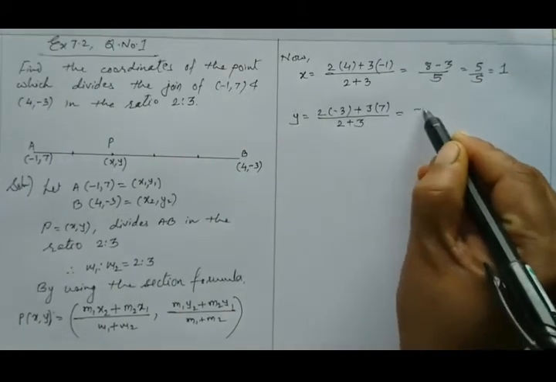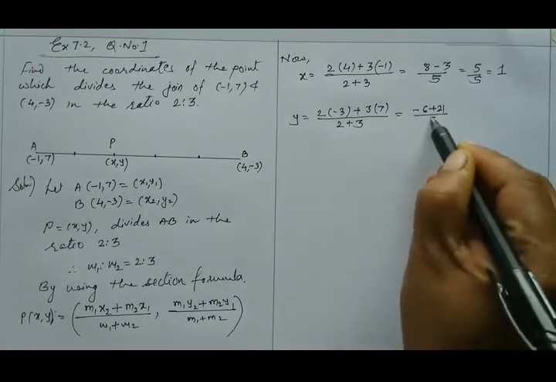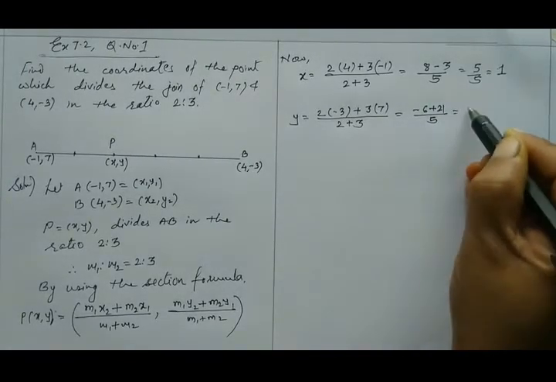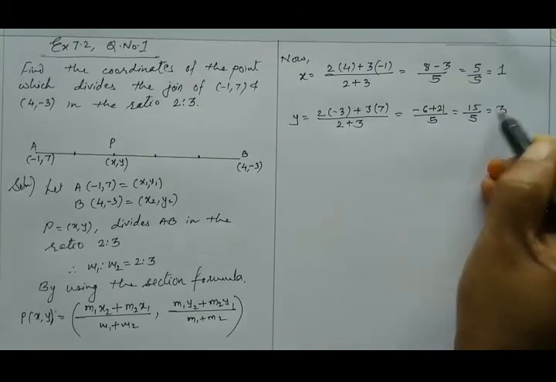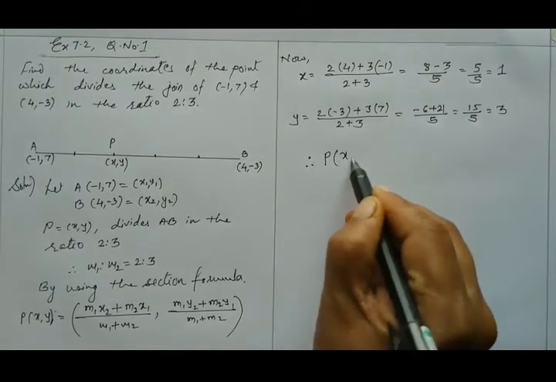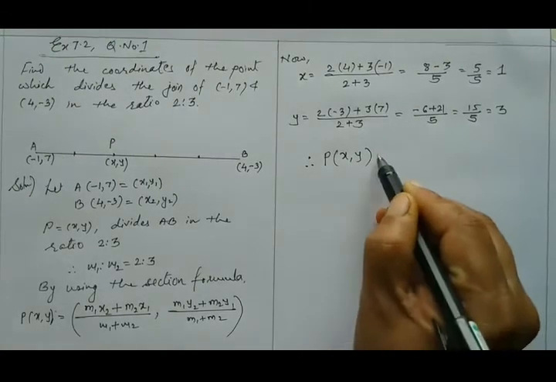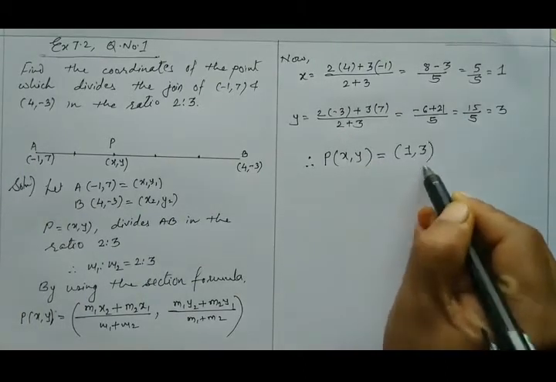So minus 6 plus 21 upon 5. So that is 15 by 5. So 3. So therefore coordinates of P, x comma y, are 1 comma 3.